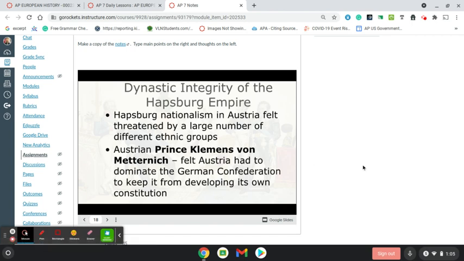So liberals often pushed for various government reforms to occur. And so while sometimes they could get support from nationalists, other times they saw them as more of an obstacle.